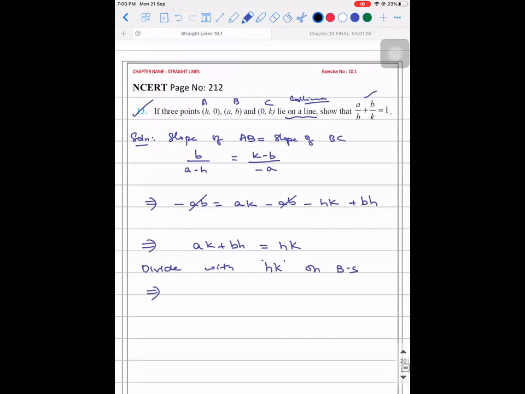How I got the idea to divide with HK on both the sides is because if you observe, the right hand side is 1. Right hand side should be 1 means I should divide it with HK. So then it will become A by H plus B by K is equal to 1. Clear? Yes, sir.